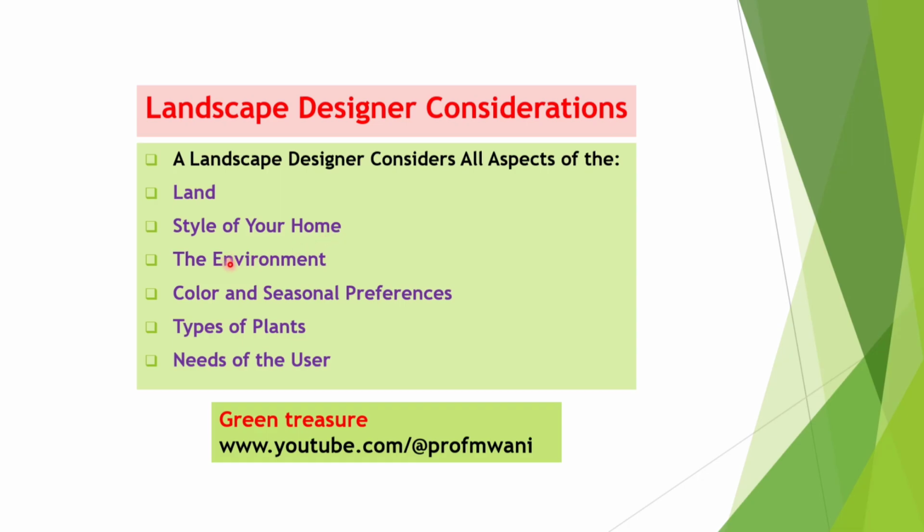What is the overall environment, and what are the color and seasonal preferences you would like to have, and what types of plants you would like, both perennial, annual, and different types of plants, and what are the needs of the user. So these are the considerations which a designer always takes into account, and then ultimately goes for a design layout.